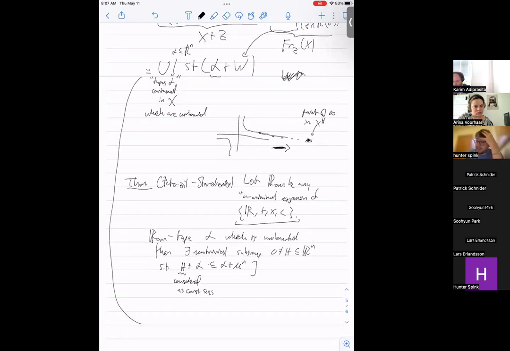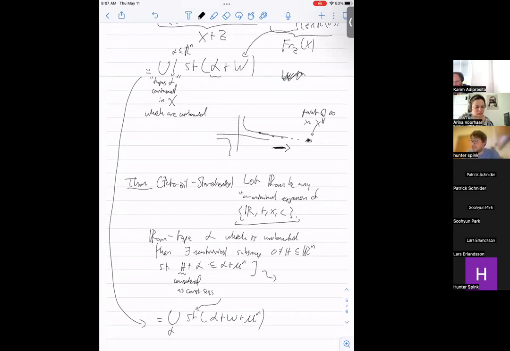Okay, so how does this apply here? Remember, we get this union of these types. And because we're taking the standard part, which is the set of limits, this is stable under adding these sequences that converge to zero, these infinitesimals.